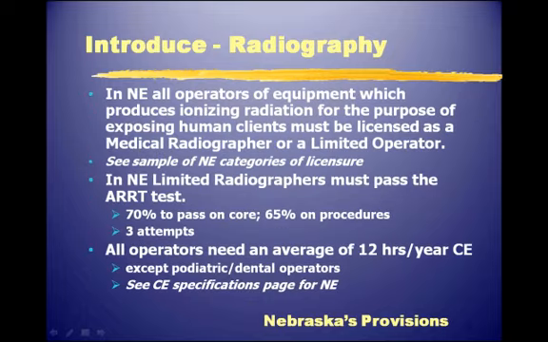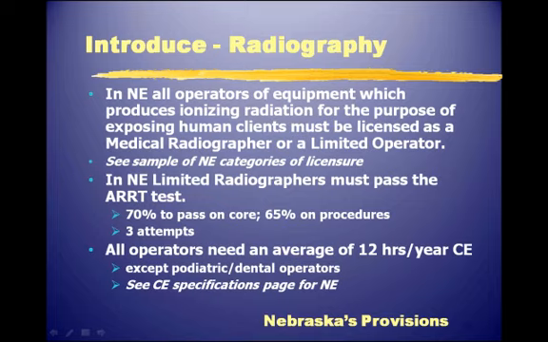In Nebraska, all operators of equipment which produce ionizing radiation for the purpose of exposing human clients must be licensed. That's the term that's used in Nebraska. There are terms used in other states to designate somebody who has met whatever that state's minimum requirements are.